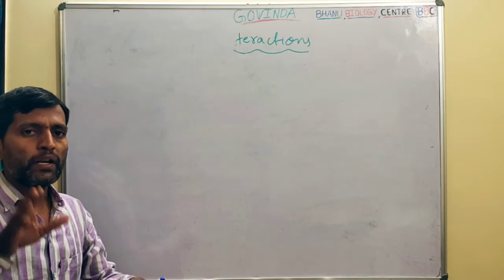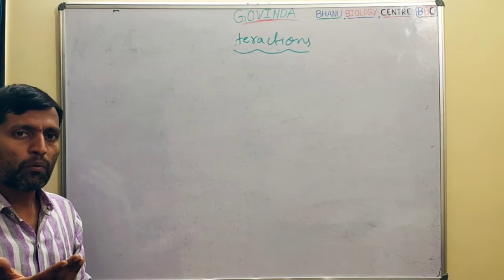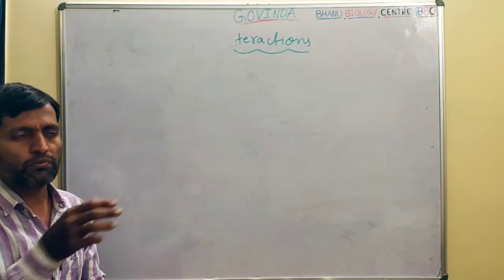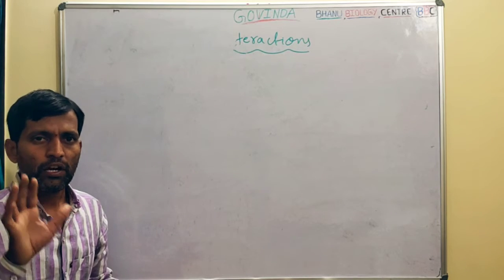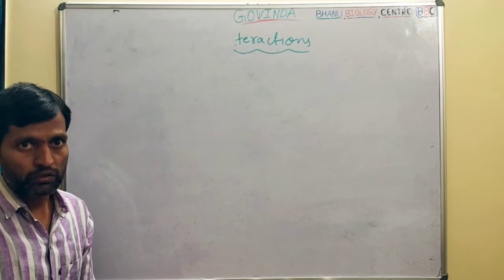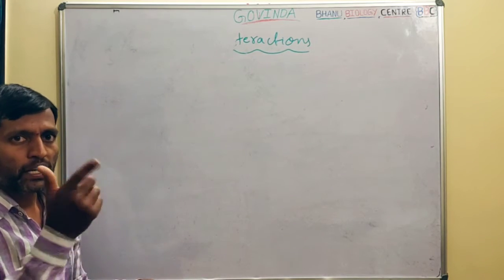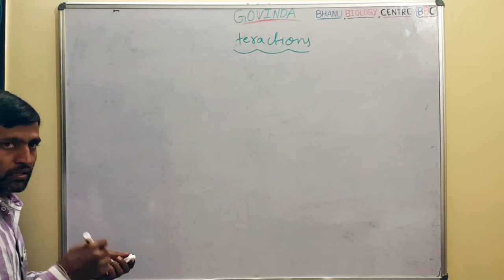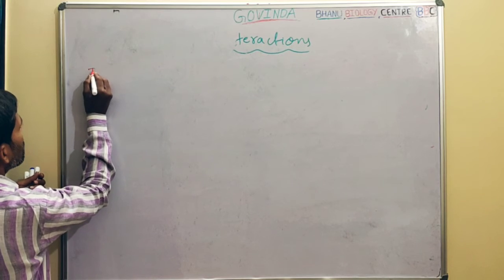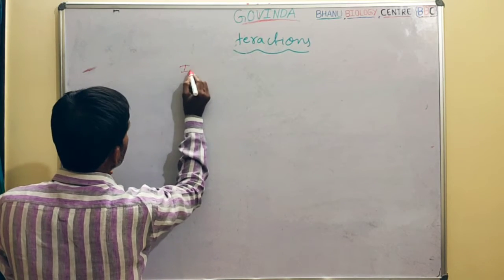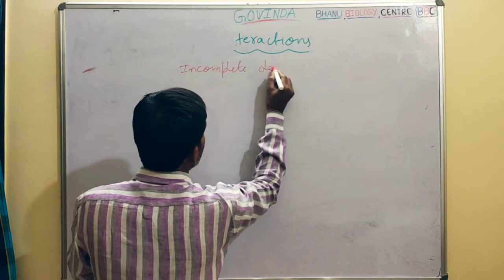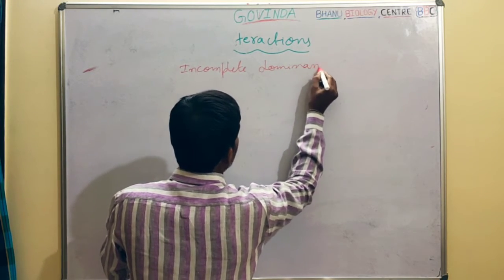The dominant allele is always completely dominant over the recessive allele. Now we move towards the deviations from the Mendelian inheritance pattern. The first genic interaction is incomplete dominance.